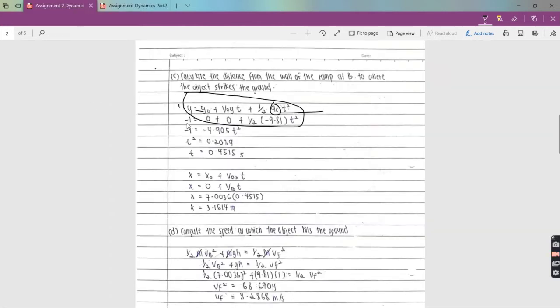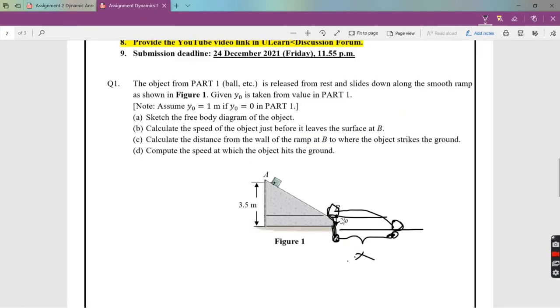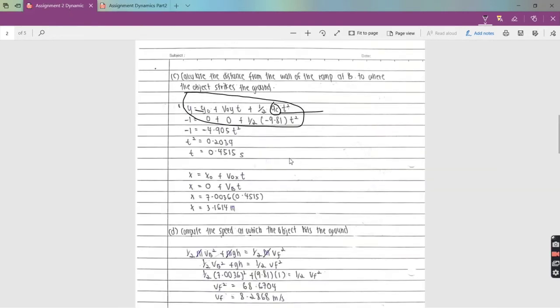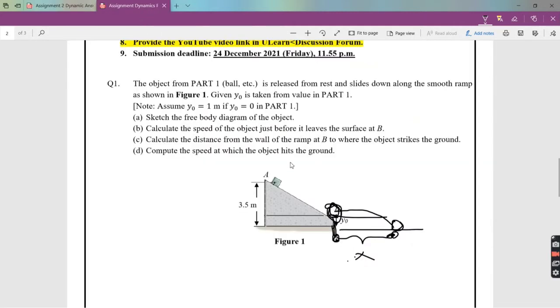So we replace y with -1, equal to 0, since the y naught here is 0, plus v naught y, 0, times t plus half times -9.81 times t squared. So we get the time equal to 0.4515 seconds. After that, we can use this equation to calculate the distance from here until here. We can calculate the s here.